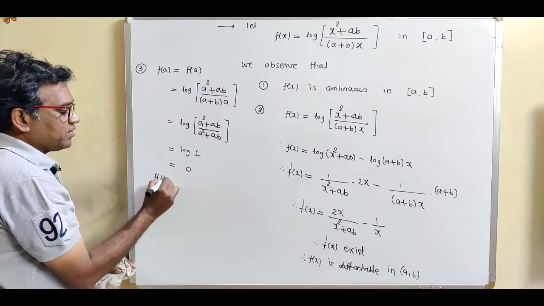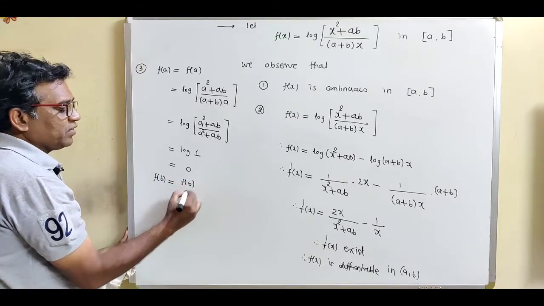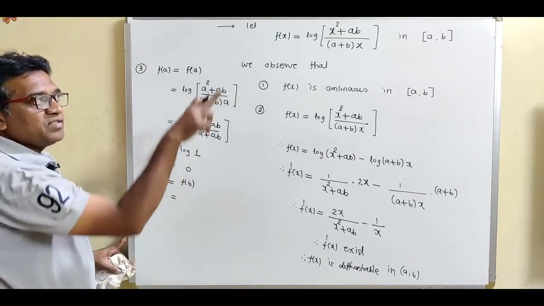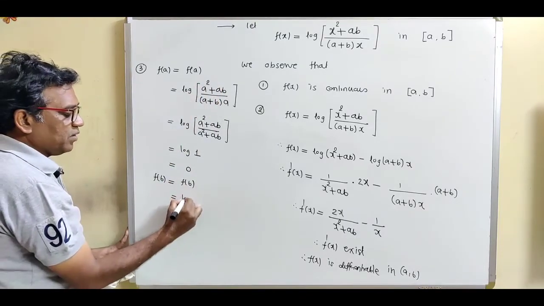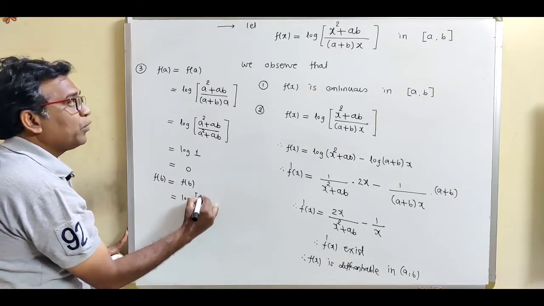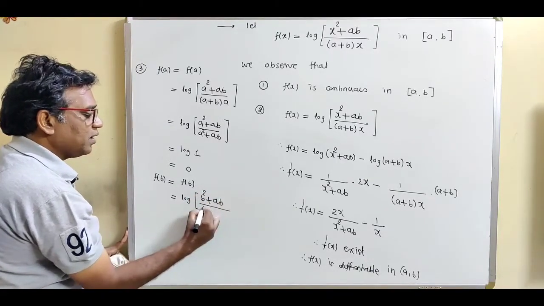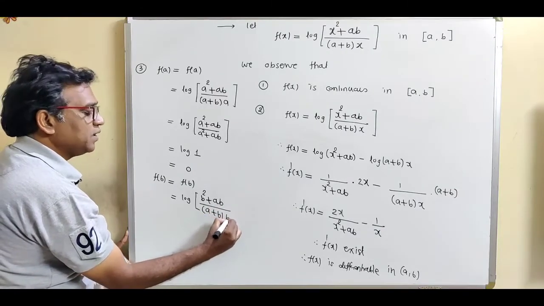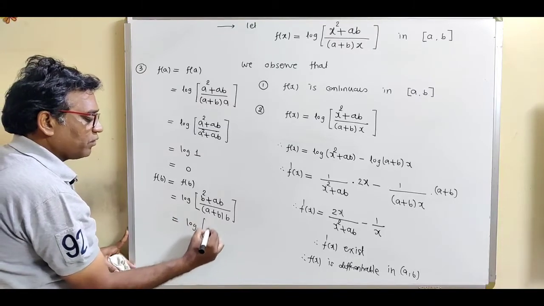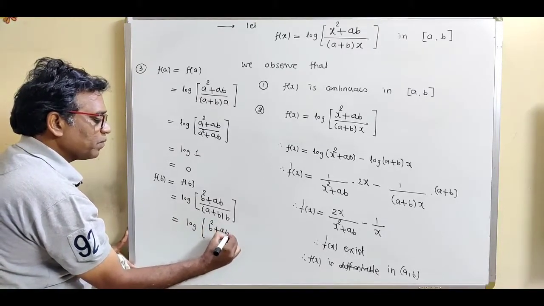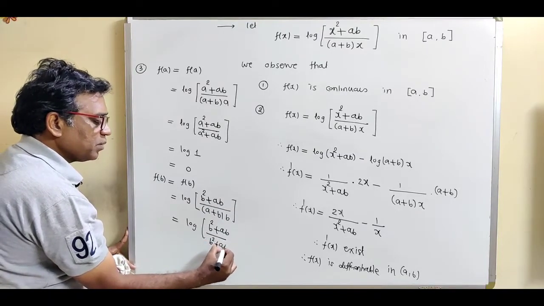Find out the next value, which is f of b. B is the last point. So put x equal to b in the given function: log of (b square plus ab) divided by (a plus b) into b. Just multiplying by b, the denominator is again b square plus ab.